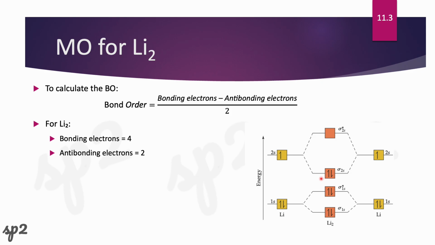The number of anti-bonding electrons is going to be 2. That's all I have here, my sigma star 1s. You take the difference between these two, 4 minus 2, that's 2, over 2, which is going to be 1. That means we have only one single bond between the 2 atoms in this molecule. I hope that makes sense to you.